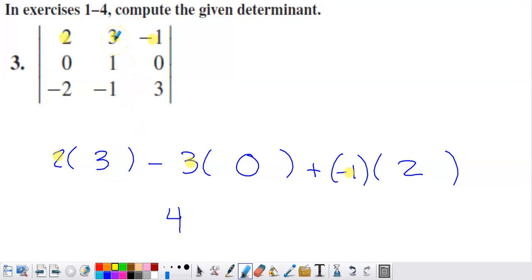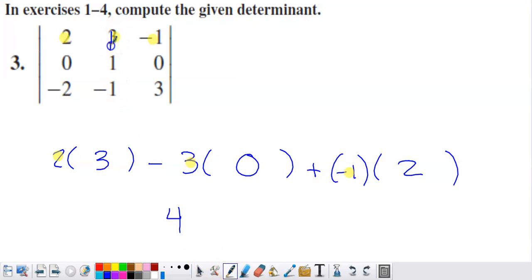For the value that's going to multiply the 3, I'm going to think about crossing out the row that the 3 sits in. I'm going to cross out the column that the 3 sits in. And what I would have is 0 and 3 remaining as my major diagonal. Well, when I multiply those together, I get 0. And then I'm going to subtract off what I get when I multiply the minor diagonal. Keep in mind this middle row is crossed out.